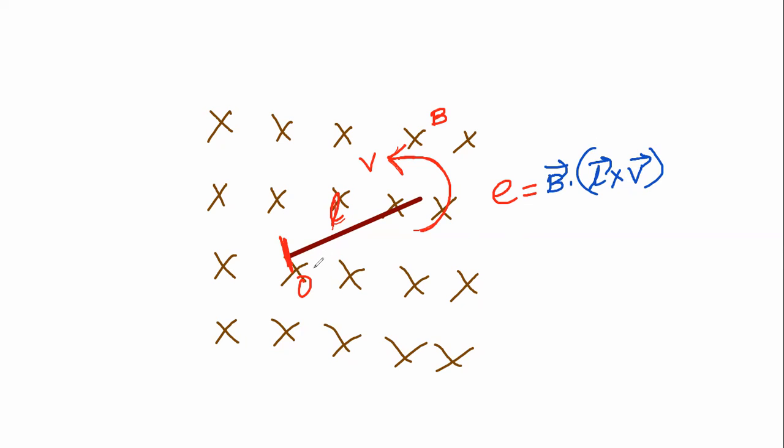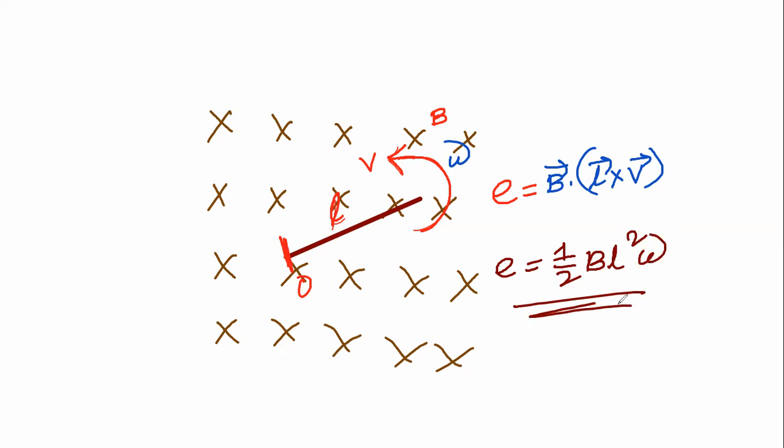So if we are rotating this rod with angular velocity omega, then the induced EMF E is equal to 1/2 B L square omega.